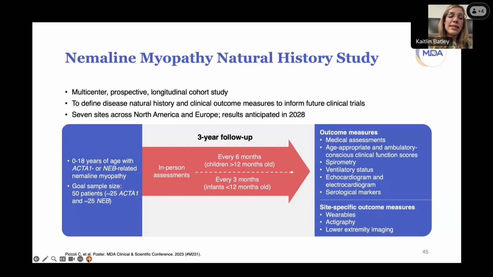It will be a series of clinical assessments as well as secondary information from things like echocardiograms, potential biomarker assessment with blood work, respiratory function, and then looking at some different imaging modalities as well. So the whole goal is to really understand as much as we can about these disorders so that we're able to contribute to moving forward on meaningful disease modifying therapies. Next slide.